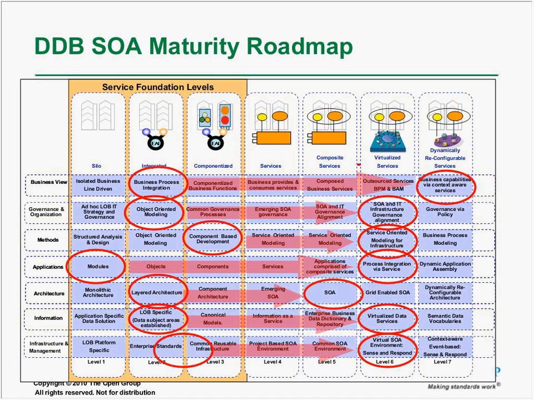What you can do is load the model in an incremental fashion, so that as you adopt services and go from the service foundation levels through services and all the way up to level 7, you're witnessing the implementation of certain ITIL techniques. So they go hand in hand, actually.